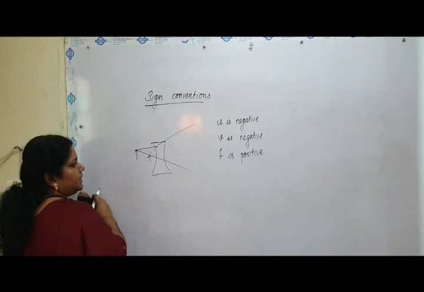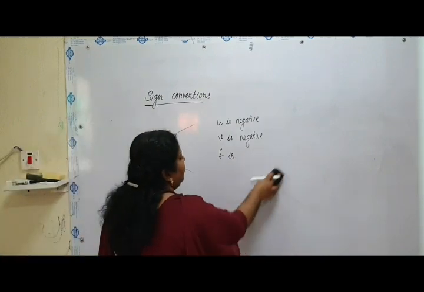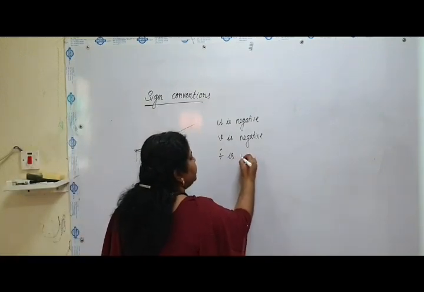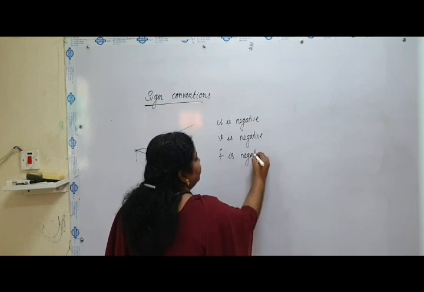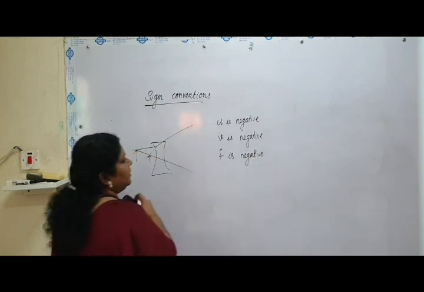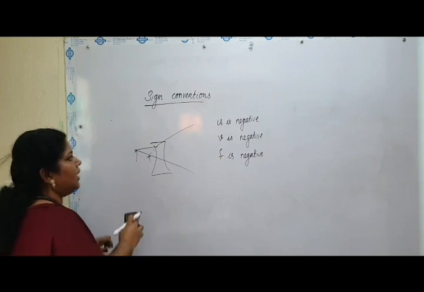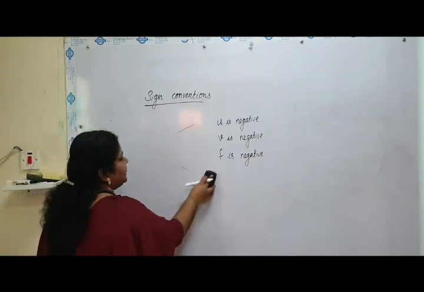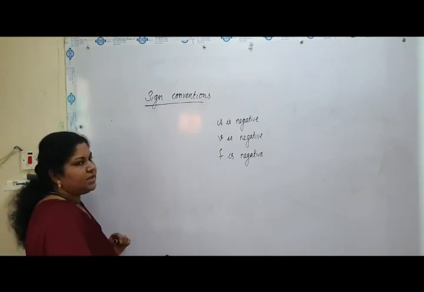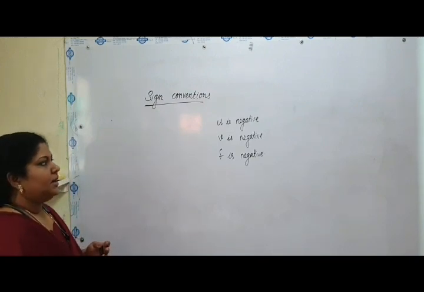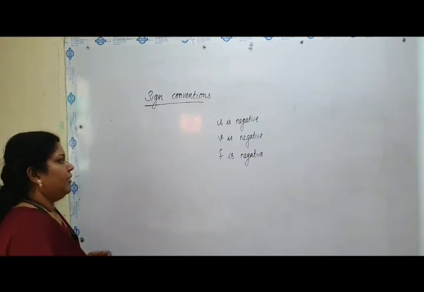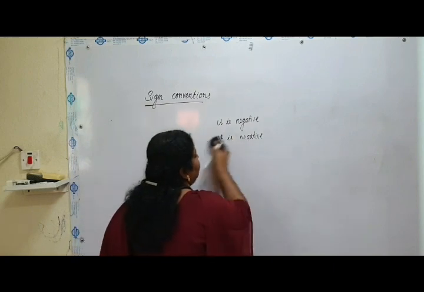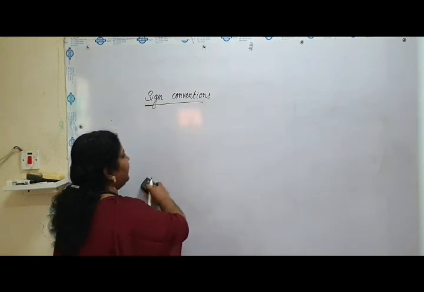So V is also negative. And F focal length, we are taking it as negative. Okay, so that is the case for a concave lens. So that is a sign convention. So according to each diagram, you should be able to identify U, V and F. That is sign convention.